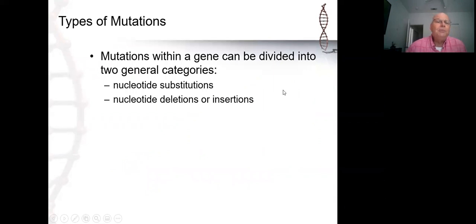So the two most common types of single mutations, or point mutations, to give them their correct name, are single base pair mutations.